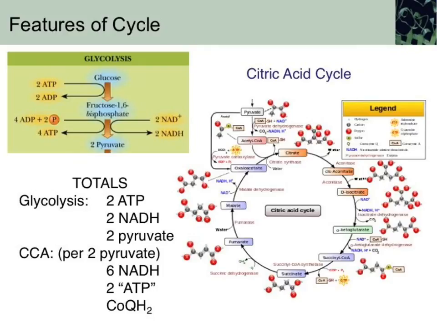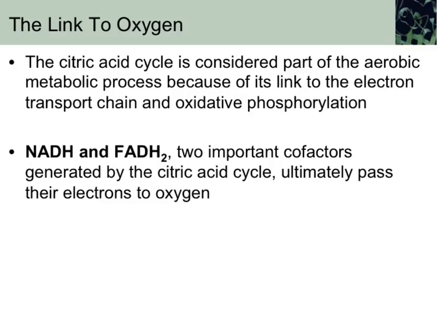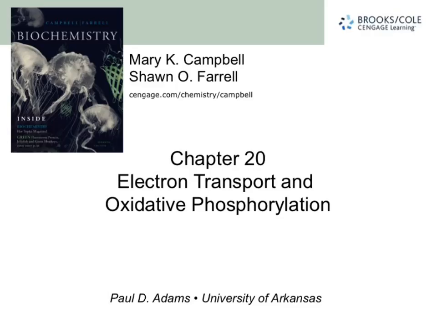Okay, so they end up facilitating one kind of transfer versus the other. Okay, so this slide is ultimately the same thing as the last one. All we're trying to do with the citric acid cycle and our glycolysis is end up generating these electron carriers, our NADH and our FADH2, which are really trying to transfer those electrons through. Okay, so that gets us to chapter 20.